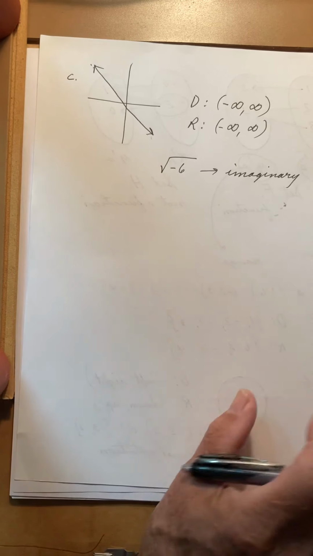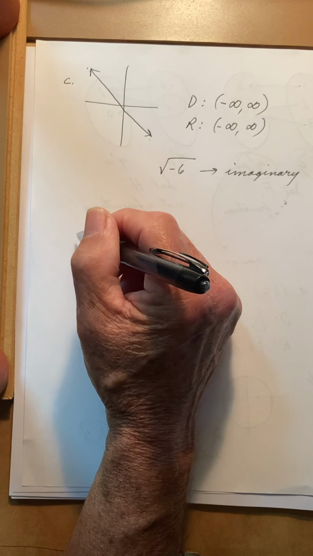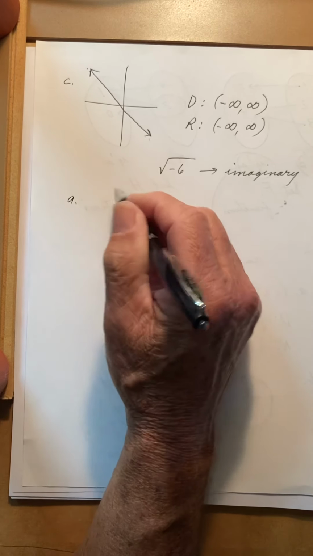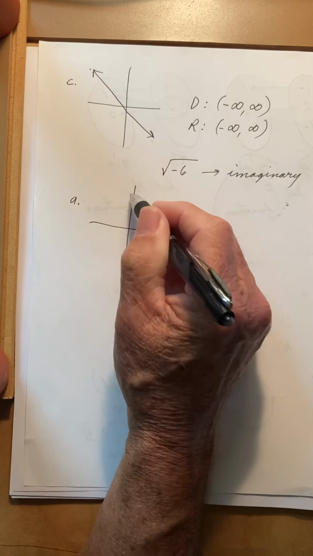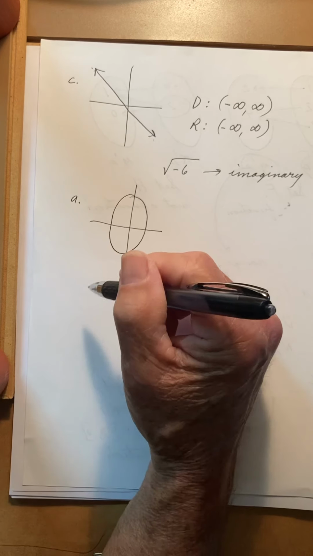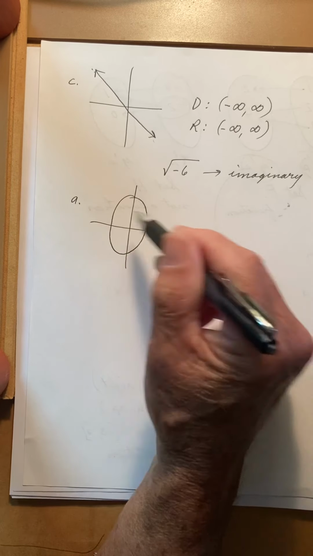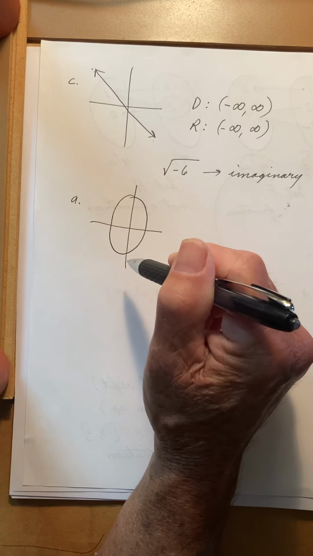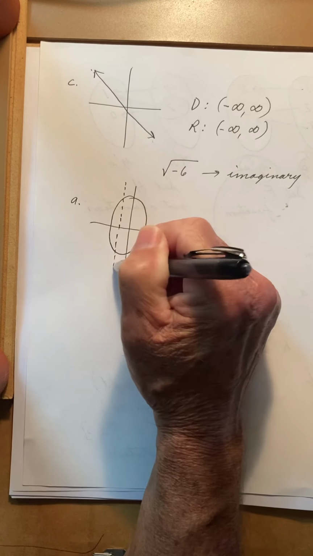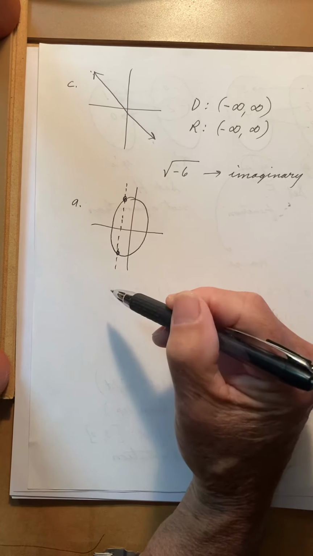We have also another way to determine if a graph is a function, and that's by the vertical line test. And it says that if you take a graph, and I'll draw A out here for us. If this is our graph, if you can draw a vertical line anywhere on the coordinate system for this graph that touches the graph more than one time, such as right here, touches there and touches there, then this is not a function.